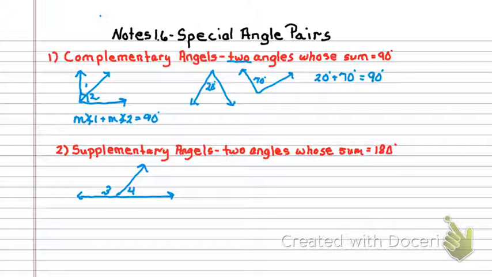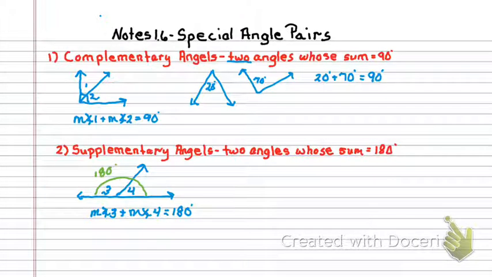If I were to add the measure of angle 3 plus the measure of angle 4, it would equal 180 degrees, and that's by using the angle addition postulate. If you remember, this would be a straight angle, so I know the measure of that angle would be 180 degrees.